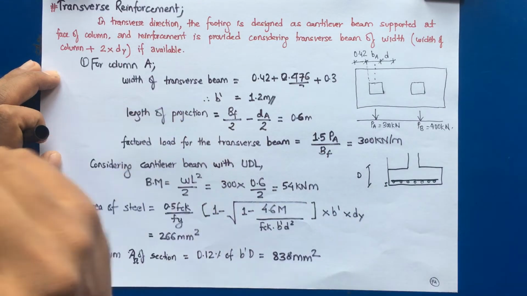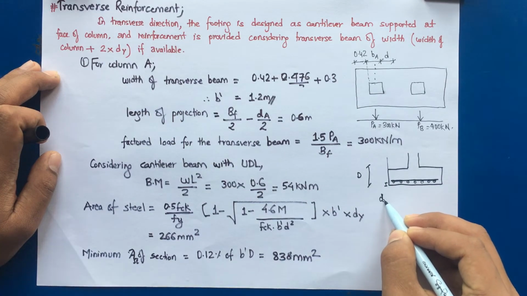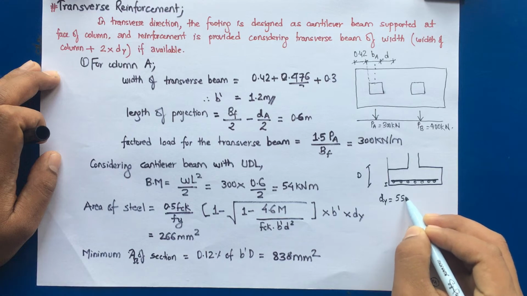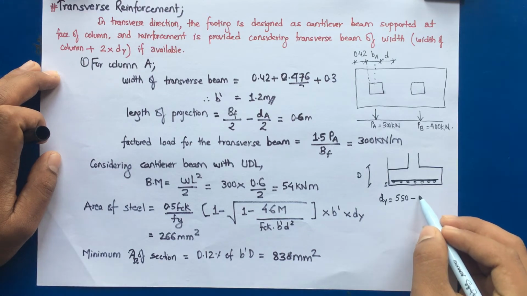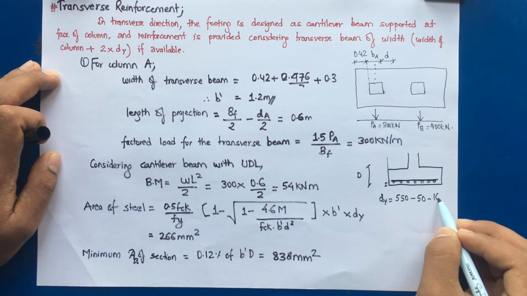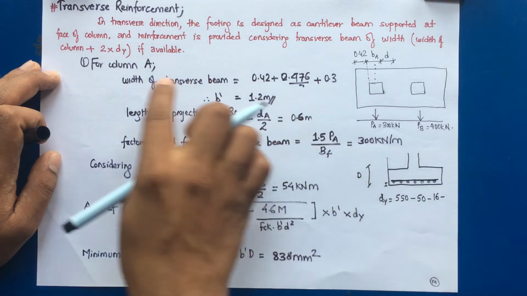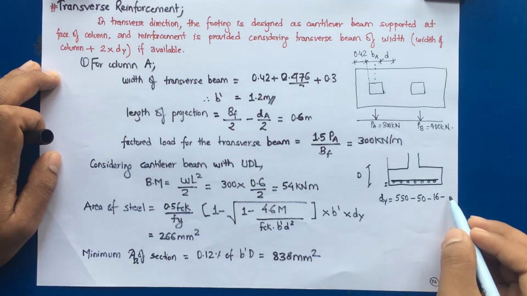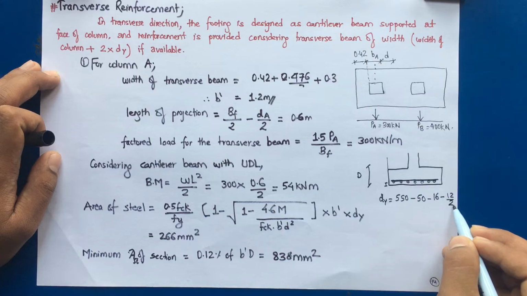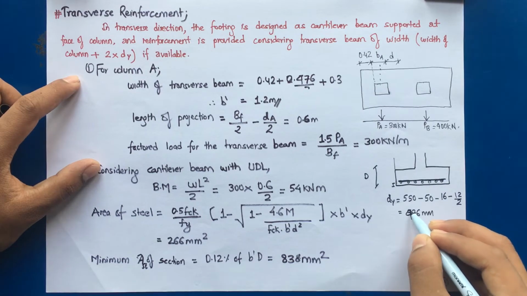Hence the effective depth is 550 minus 50 minus longitudinal rebar 16 minus, assuming we will provide transverse reinforcement of 12 mm, 12 divided by 2, which gives 476 mm.